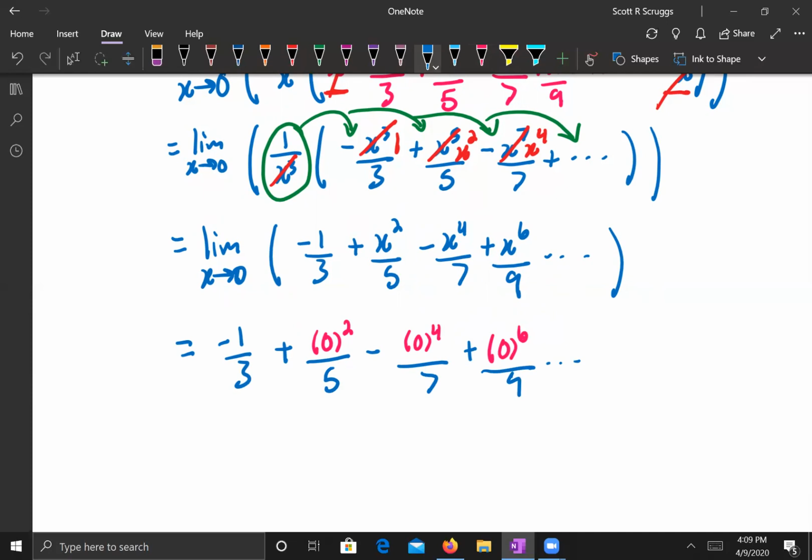Which means that I'm going to have 0 everywhere with the exception of that negative 1/3. Therefore, my limit at the very end is going to be negative 1/3.